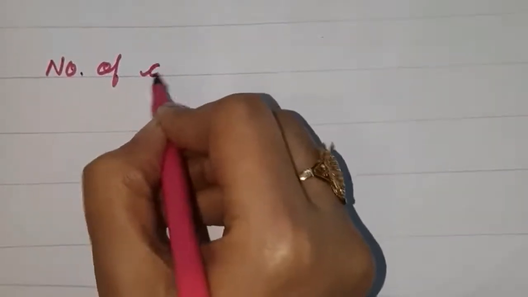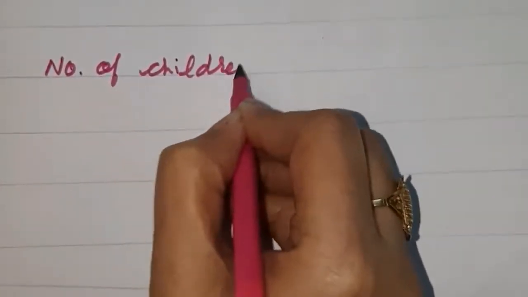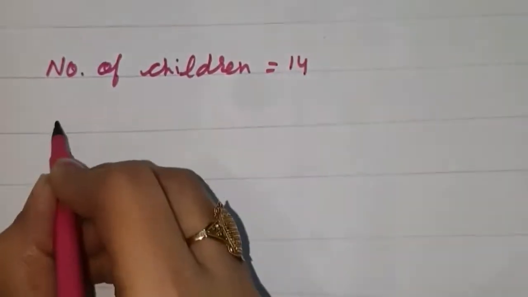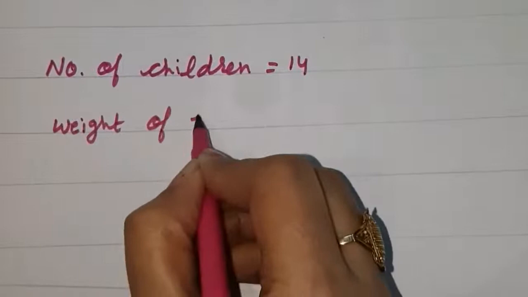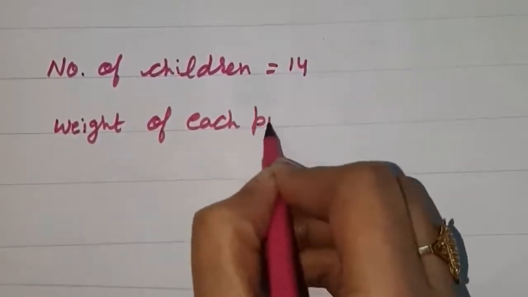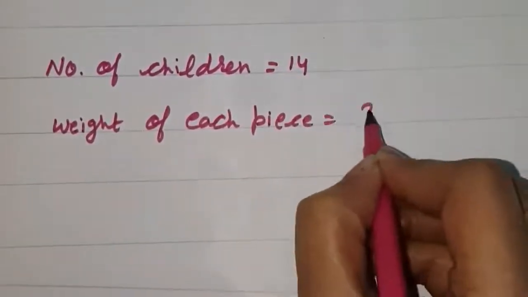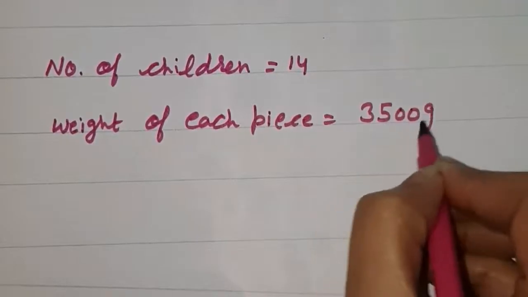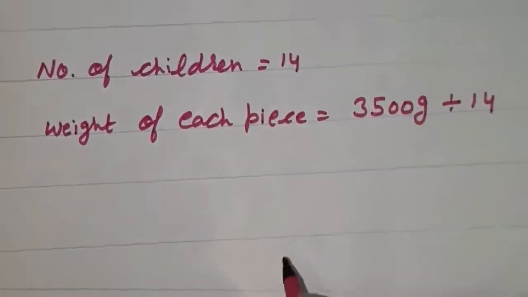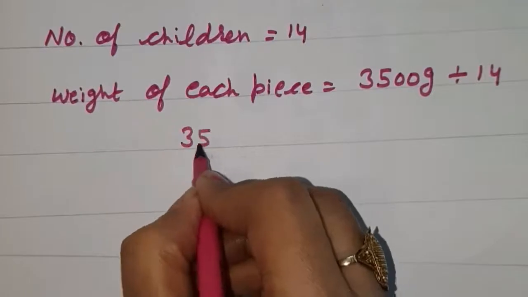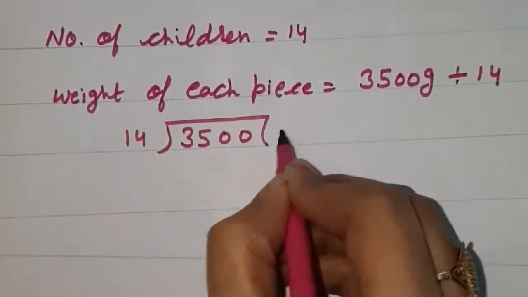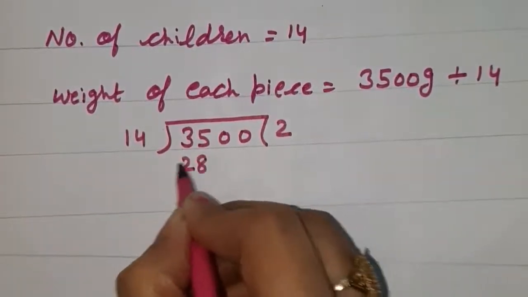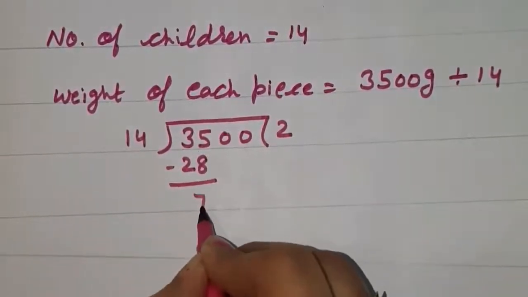Now write down number of children, 14. Weight of each piece: total weight divided by 14. 3500 divided by 14. 14 2s are 28. 35 minus 28, 7.